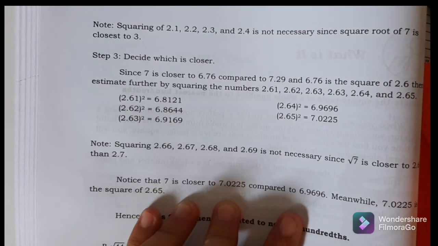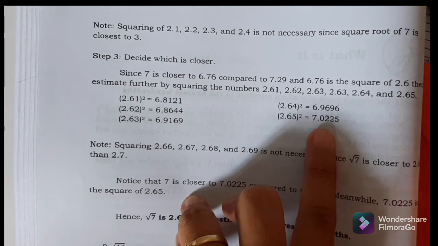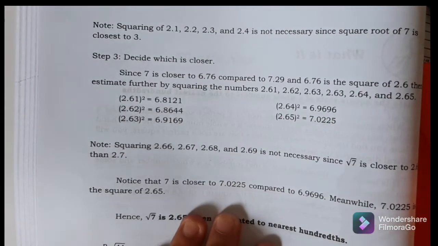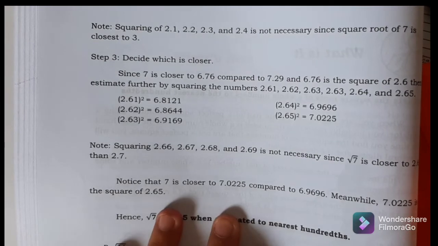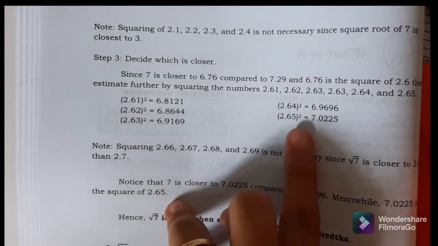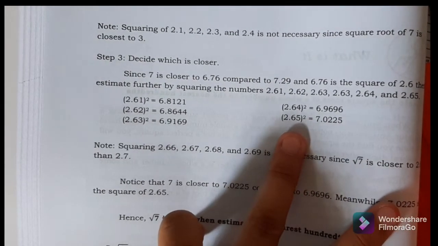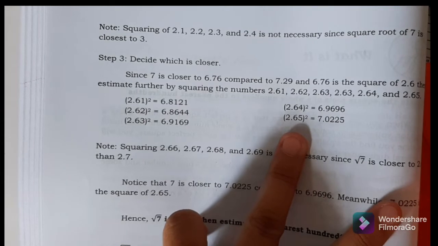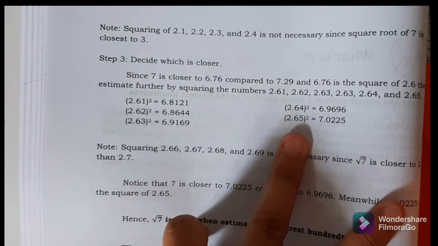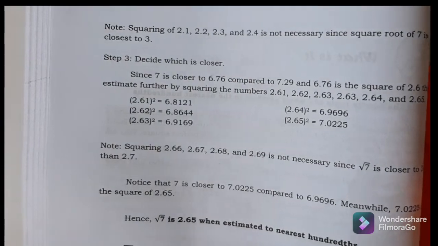Okay, as we can see, 7 is parang much closer dito sa 7.0225. So therefore, the square root of 7 is 2.65. Since siya yung pinakamalapit, nearest hundredths, closest to square root of 7.